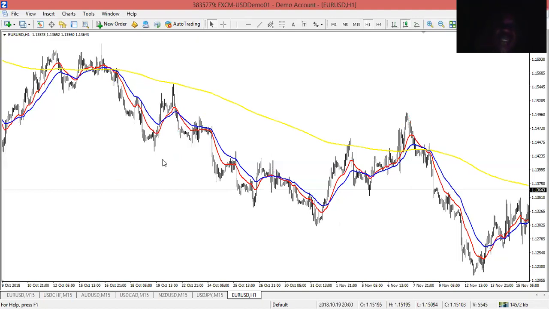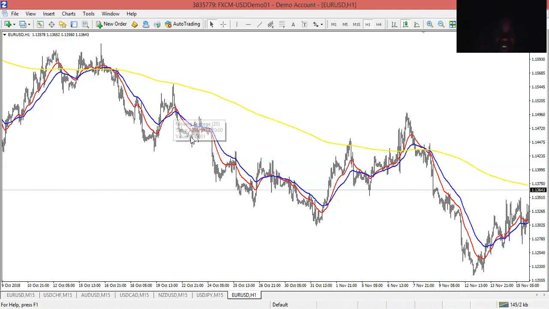So that's the idea. So what you want to do is, once it crosses back, then it crosses back again.